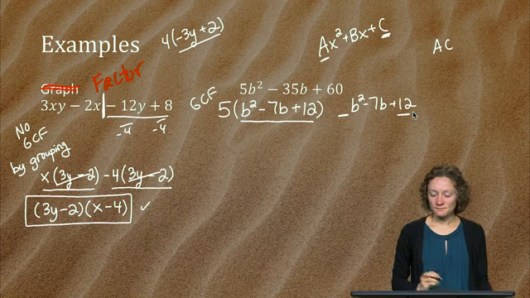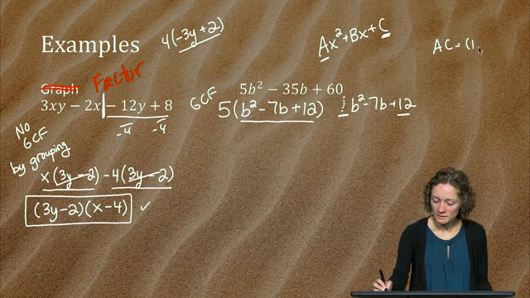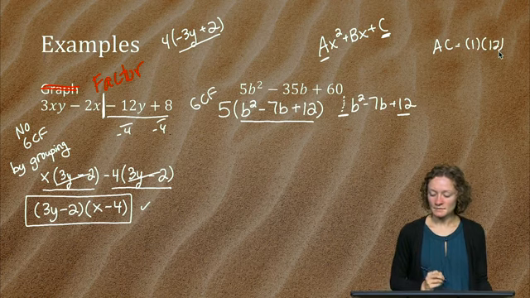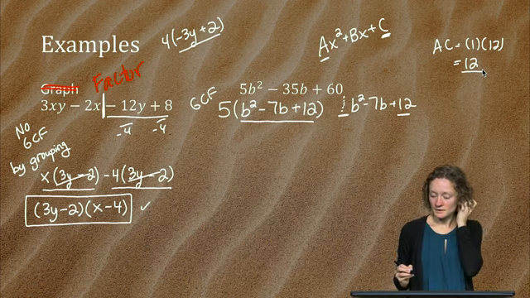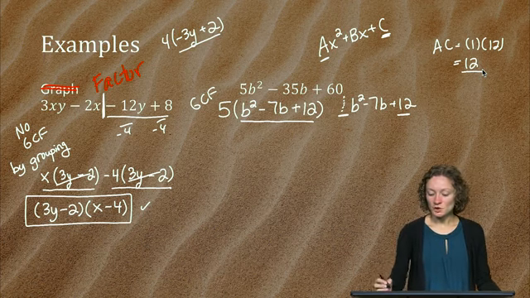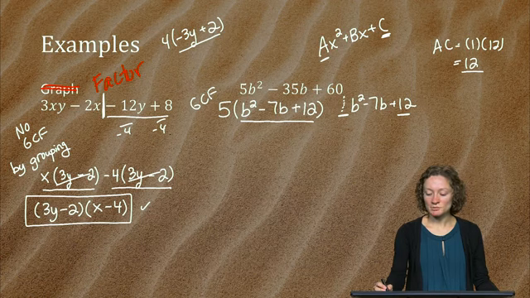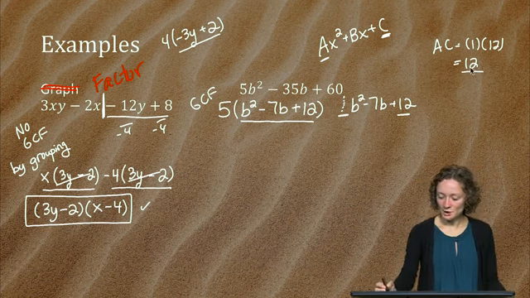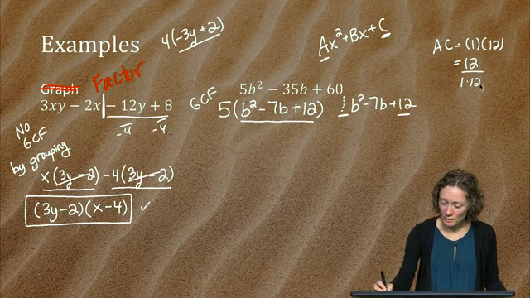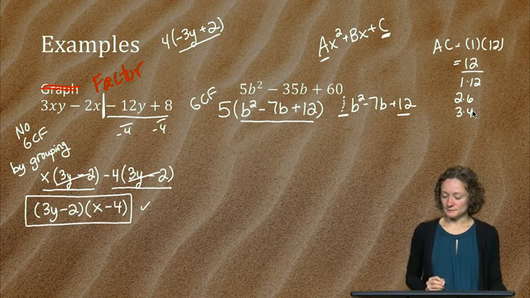In this method, multiply a, invisible 1, times c, which is 12, and then look for a pair of numbers that multiply to give you positive 12 and combine, add or subtract, to give you this middle term, negative 7b. All right, so we could have 1 times 12, 2 times 6, or 3 times 4.